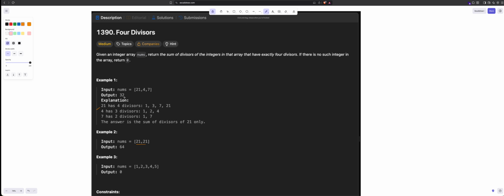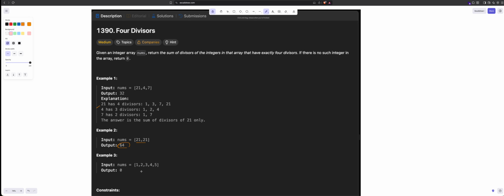So 32 multiplied by 2, since we have two 21s, gives an output of 64. For the numbers 1 through 5 in example 3, none has 4 divisors: 1 has only 1, 2 has 1 and 2, 3 has 1 and 3, 4 has 1, 2, and 4, and 5 has 1 and 5. So the output is 0.